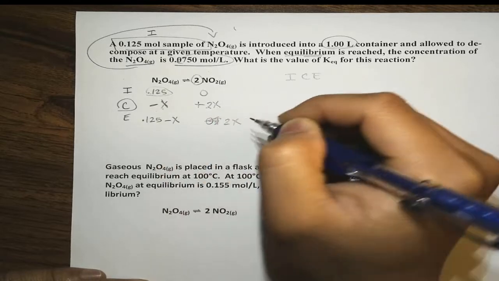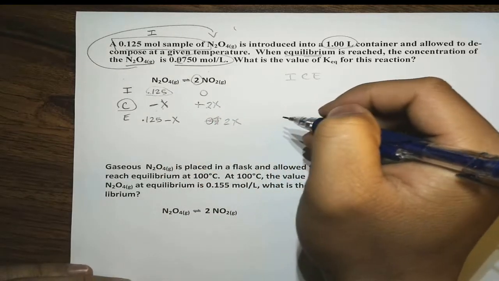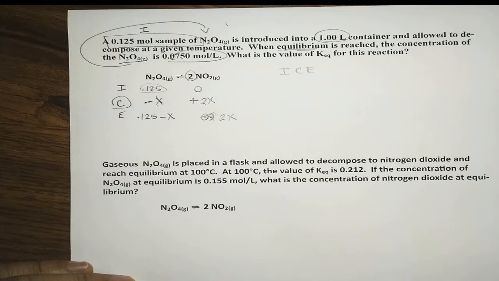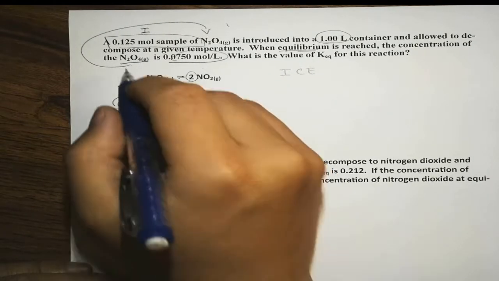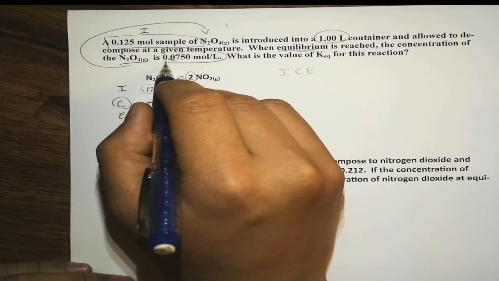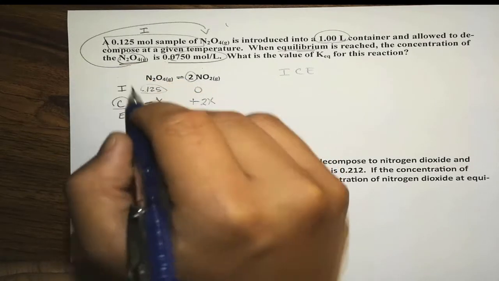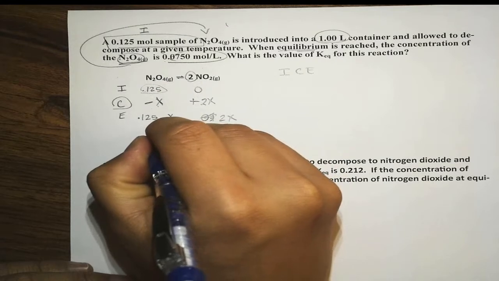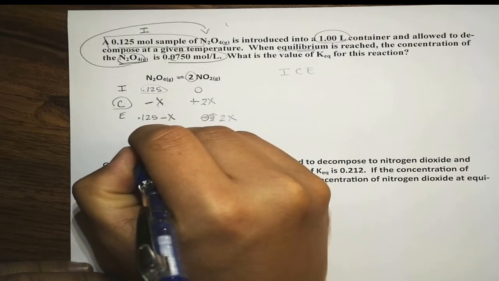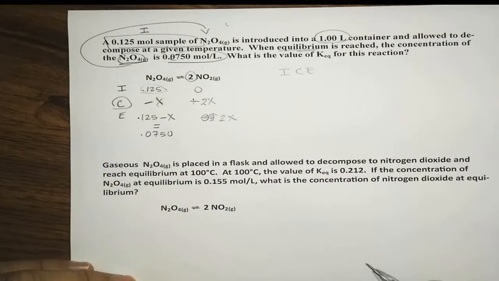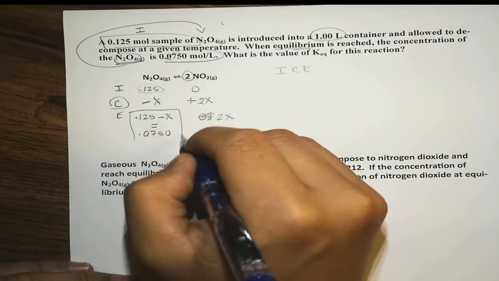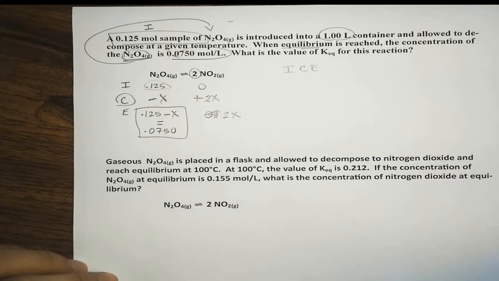We don't write the 0 plus, we just put 2X. Now, I told you before, there's always something that's given to you about equilibrium. Well, in this case, it told us that at equilibrium, this concentration right here is actually equal to 0.0750, okay?